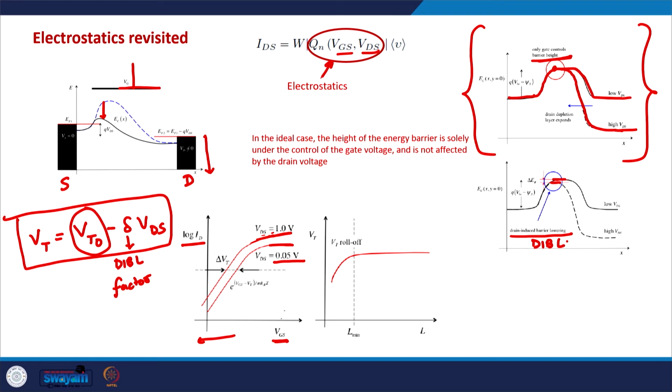Also, more generally, in small channel devices, these phenomena are summed up in a plot of Vt versus L, threshold voltage versus length.